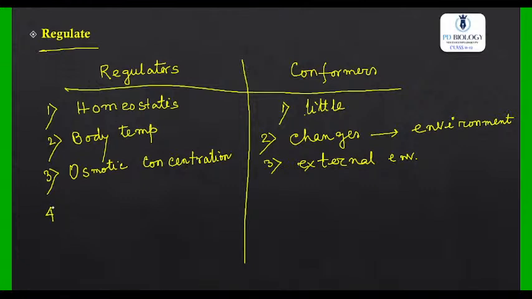The regulators, they consume a large amount of energy. They consume maximum amount of energy. And here the conformer, they have lesser amount of energy.